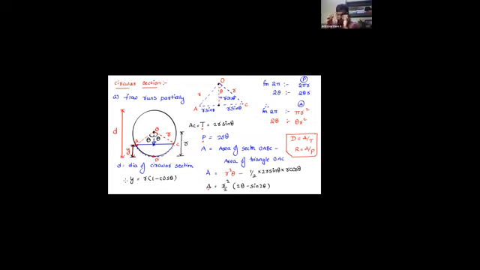For example, let's say if flow runs as half of the radius of the circular section. What is the meaning of flow runs as half of the radius of the circular section?